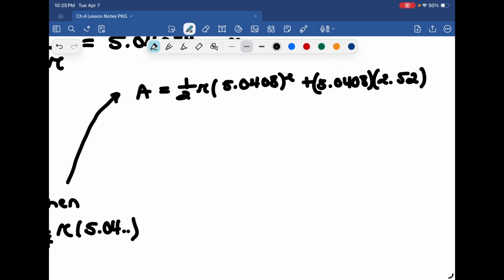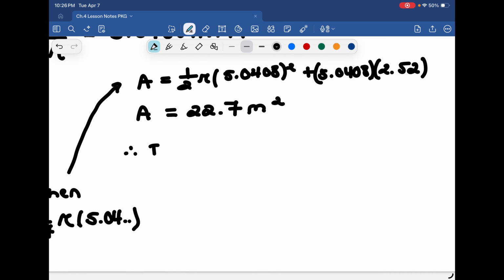And this was the 1/2 times pi times the radius squared plus, so this is the area of the circle, this is the area of the rectangle. When you put them two together, you're going to get that the area is equal to, when rounded to the nearest tenth, because that's what the question wanted, 22.7 meters.